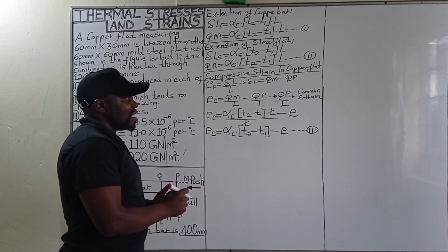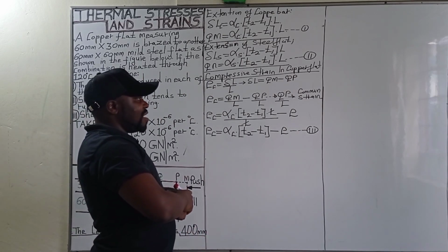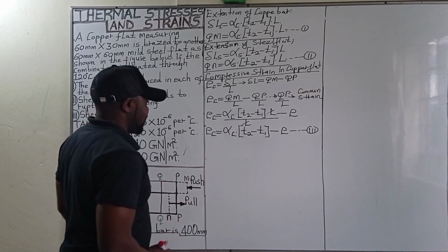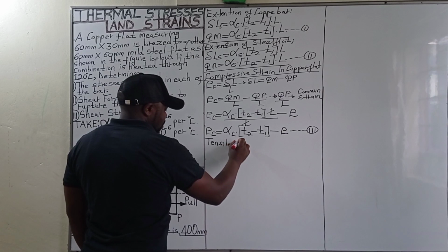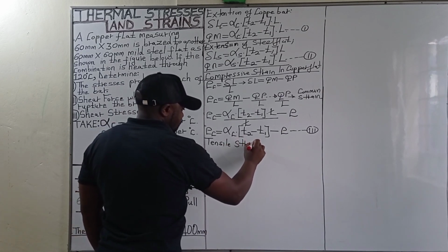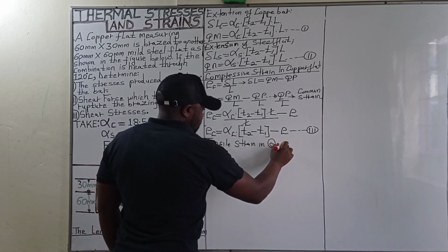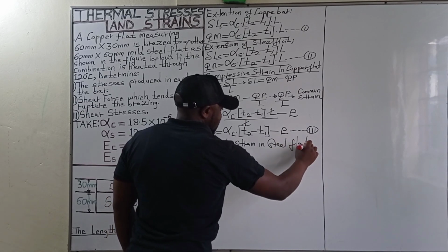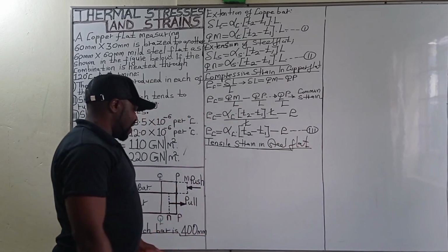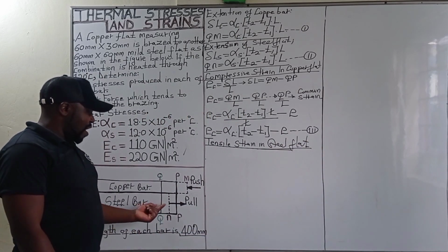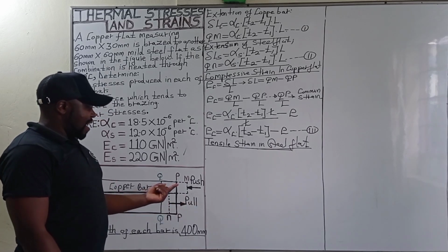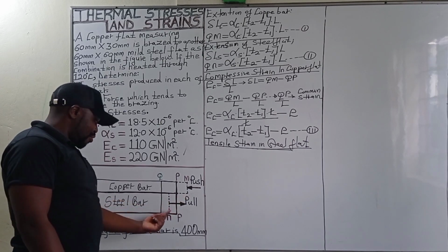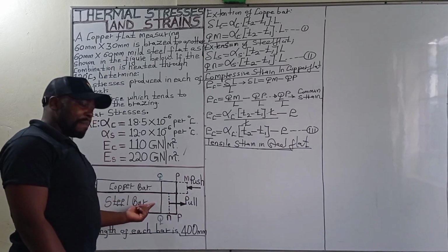From there we are going to determine the tensile strain in steel flat. Remember, I have said this, that the steel bar will be pulled by the copper bar, and the copper bar will tend to be pushed by the steel bar.